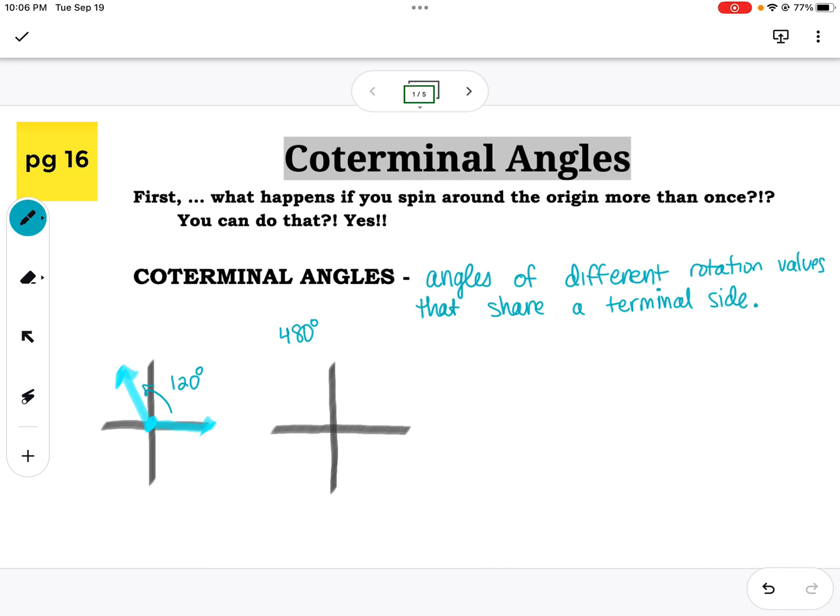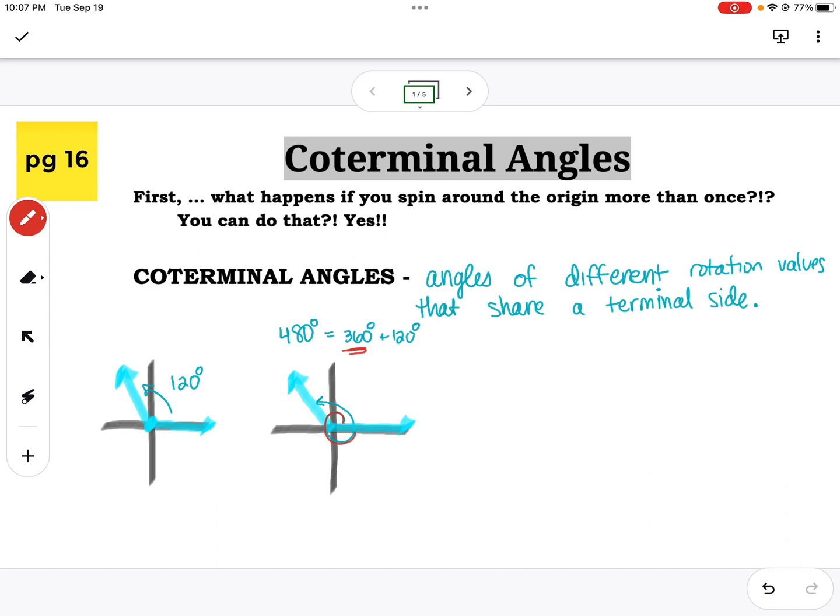Well, here's what you would do. You would think, 480 is going to go all the way around once. But then after it goes all the way around, it still has to go another 120 degrees, which would land it, to the best of my sketching ability, in the exact same position as the 120 degree angle. It just has this little extra spin from the first 360 degrees.